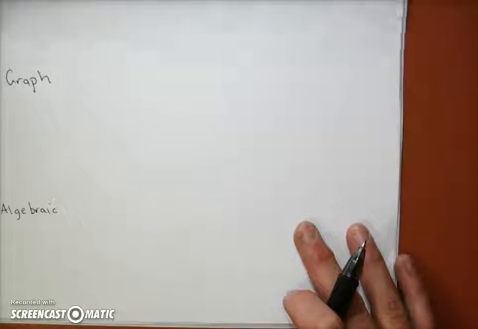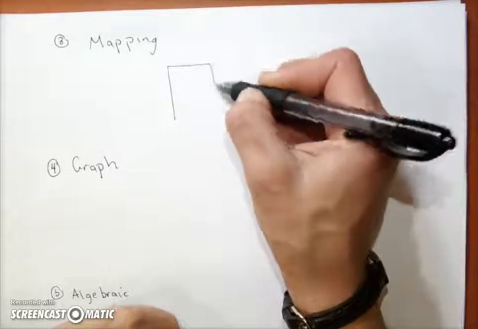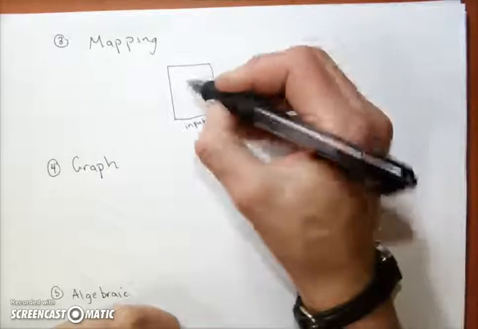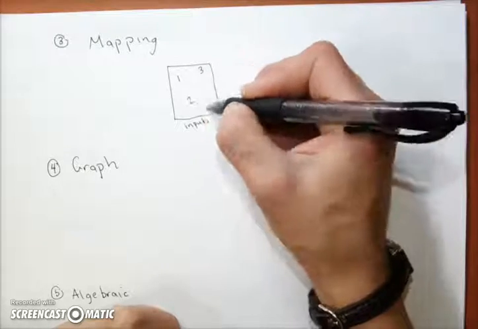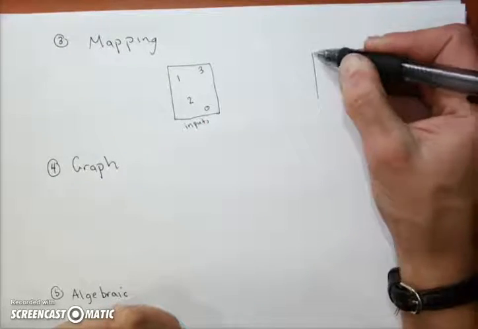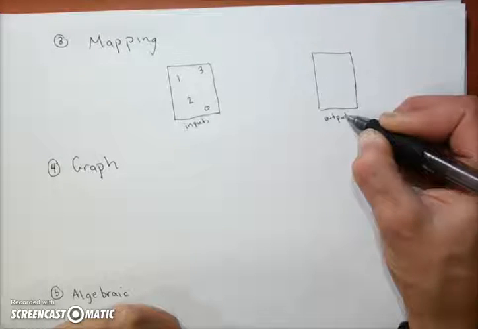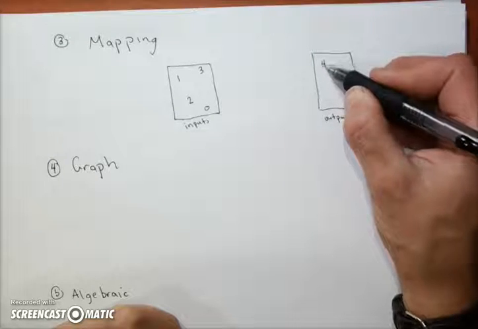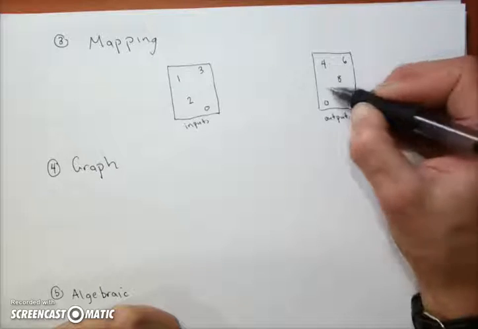Another important way to visualize functions is as mappings. So all that means is on one side you have your inputs. So these could be a bunch of different numbers, 1, 3, 2, 0. On the other side, you have your outputs, and our outputs might be 4, 6, 8, 0, 12.